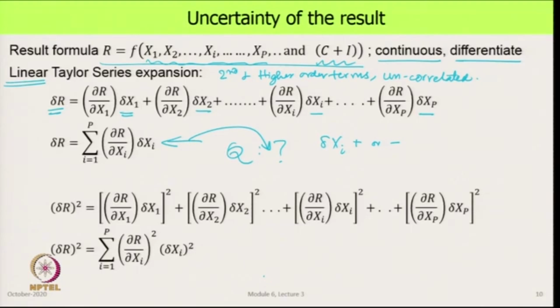So, different parameters, some would have plus some error, some would have minus some error, another would have again plus, somebody would have minus, there could be another which is a plus there. And so, this is the errors that we got in every individual parameter.